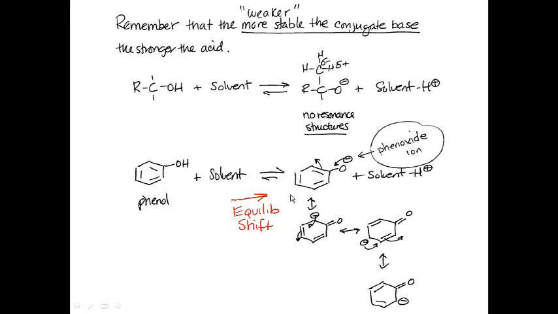The more stable the conjugate base, the stronger the acid. We talked about that numerous times last semester. So phenol, because it forms a more stable conjugate base because of all these resonance structures, is more acidic and therefore can be deprotonated by something as simple as hydroxide.